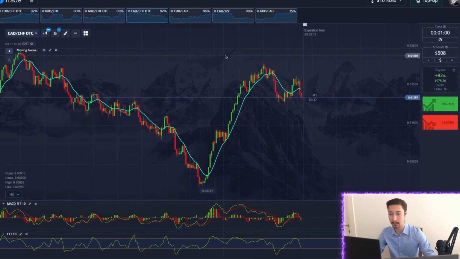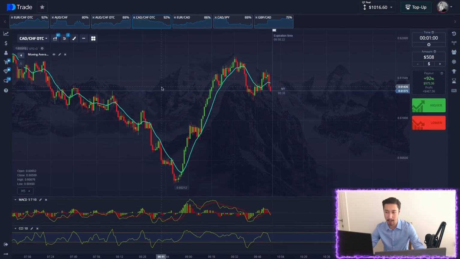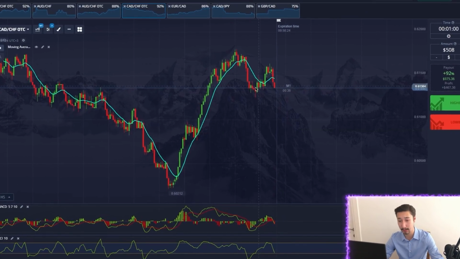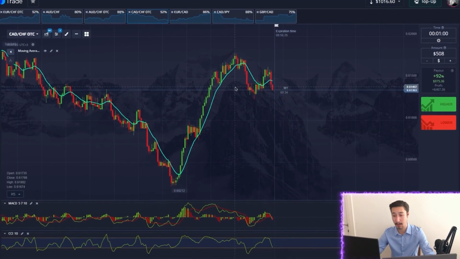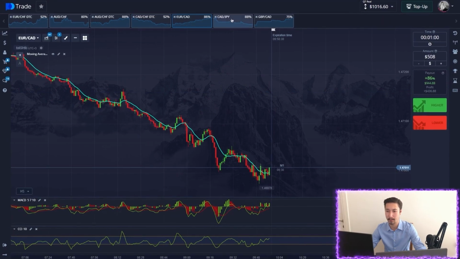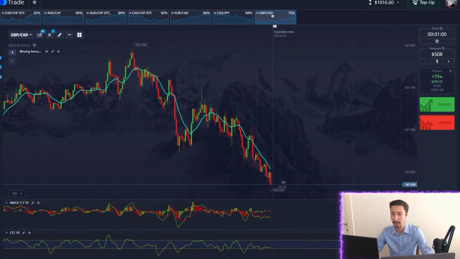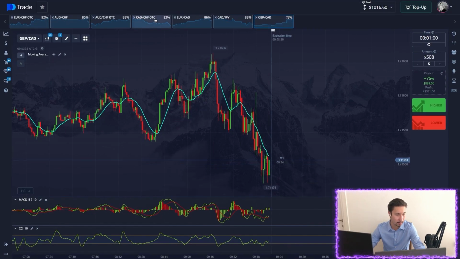And add this one. Leave everything as it is in general. Yes. Now we can continue and let's select the next currency pair. Let's just find it.